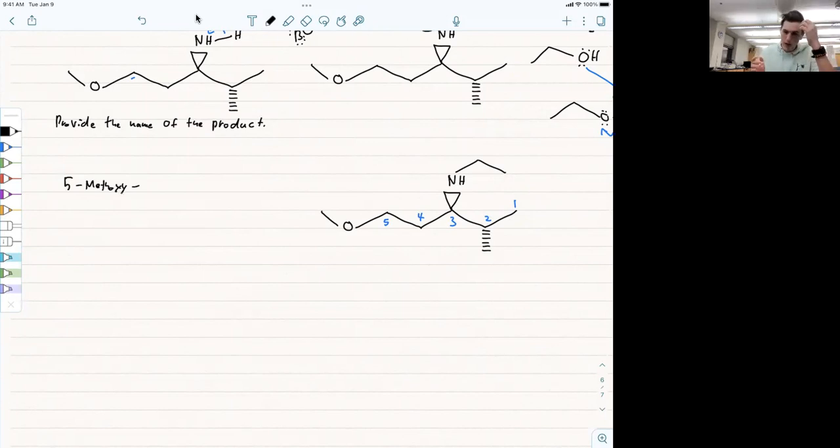And then now we have a substituent on the actual amine, and that's going to be an ethyl. Oh, and ethyl comes before, E comes before M. So I'll have N-ethyl, 5-methoxy, 2-methyl, and then I still have my pent-3-amine.